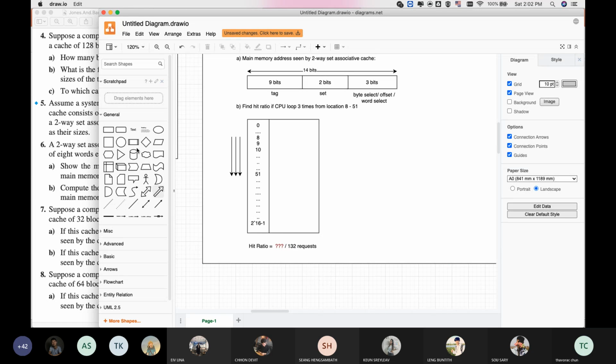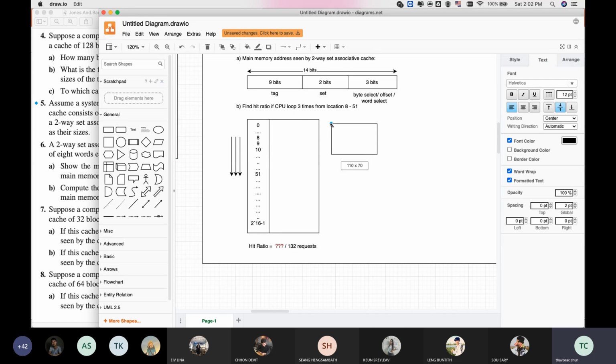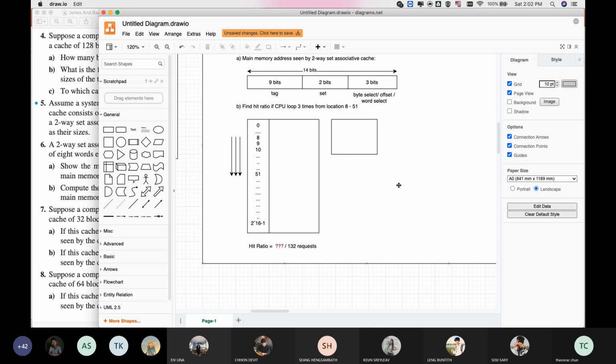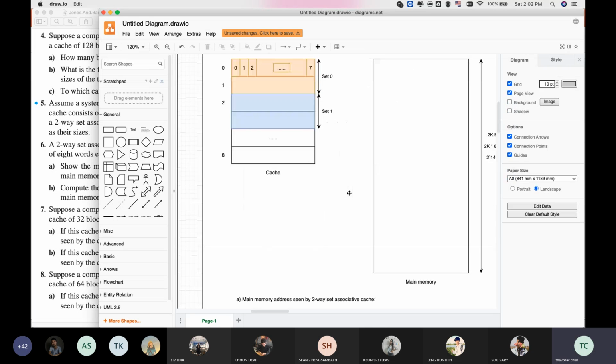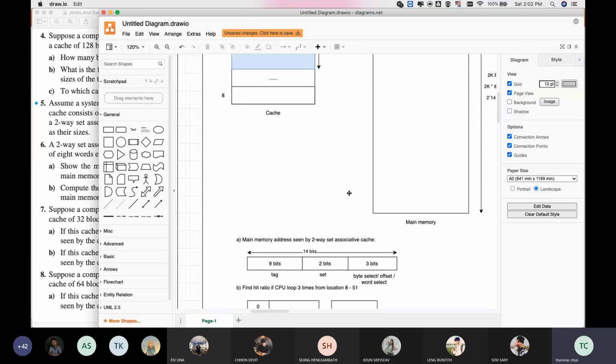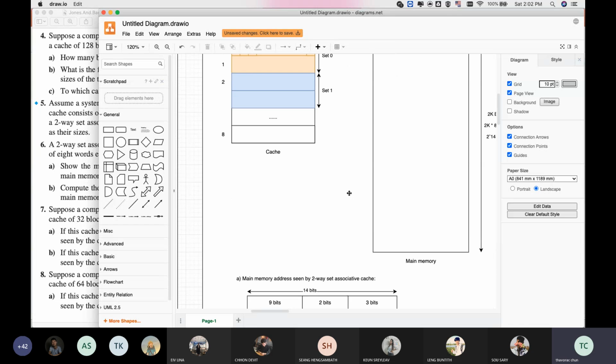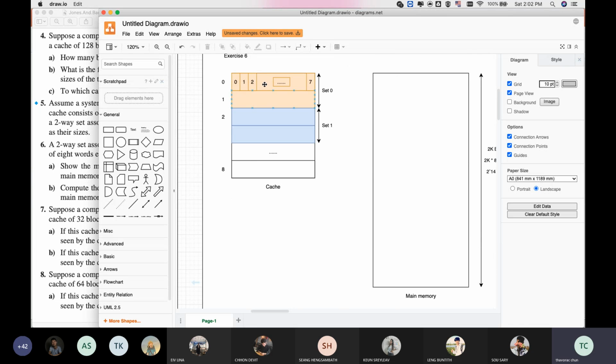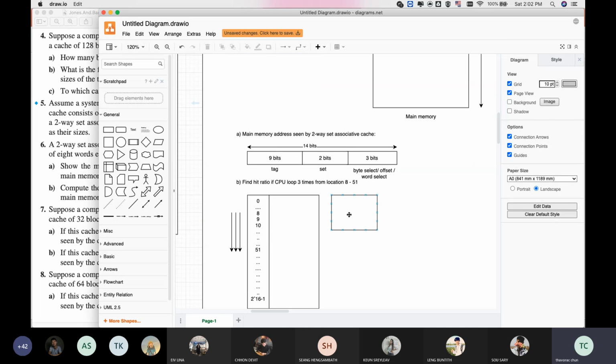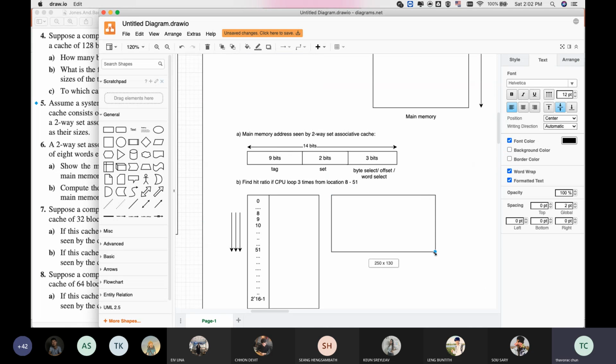Okay, so let's draw another one for cache like this. Our cache has 8 blocks, and we have 4 sets, and each block has 8 words. Okay, let's make it bigger here.